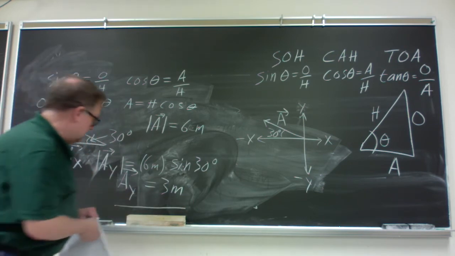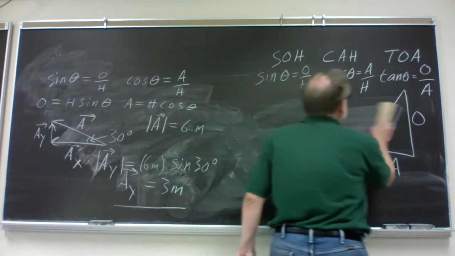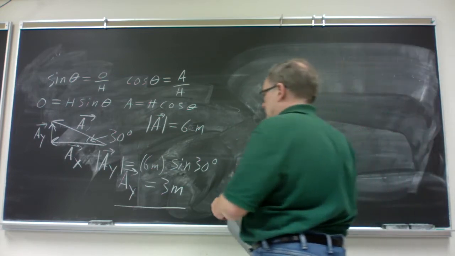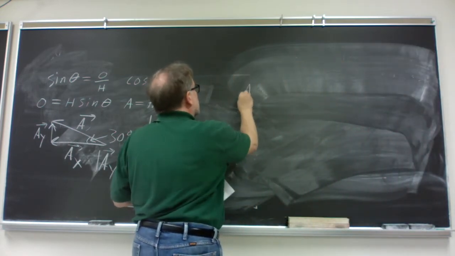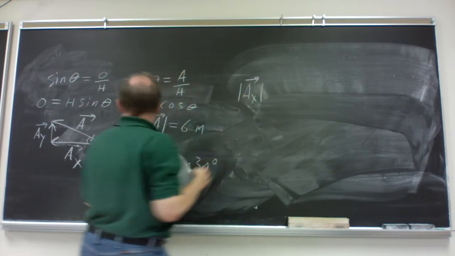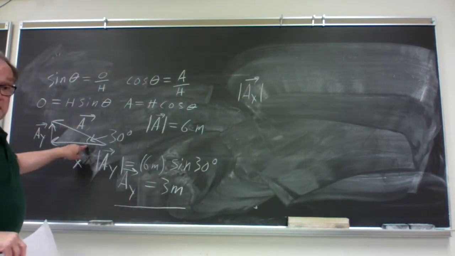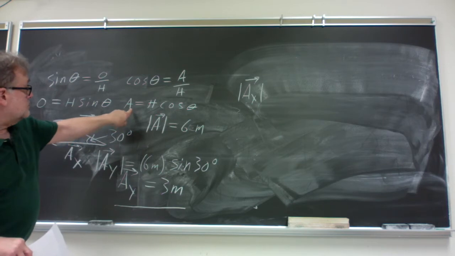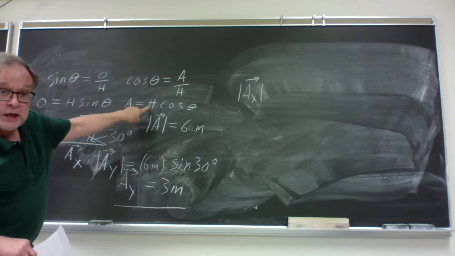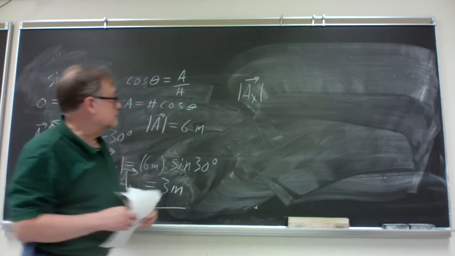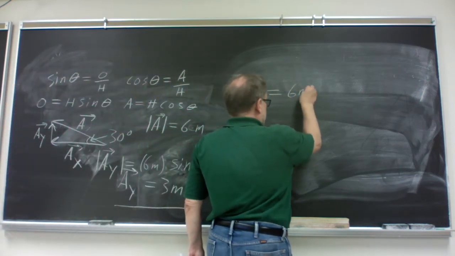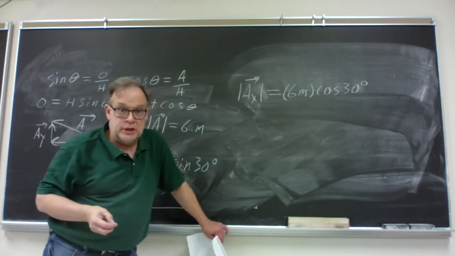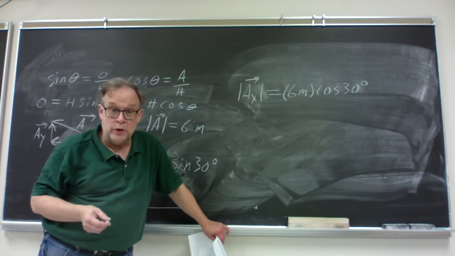Now for the x component, the magnitude of the x component just corresponds to the length of this side of the triangle, which is the side adjacent to the 30 degrees. So length of side adjacent equals hypotenuse times cosine. And in this case, the size of the hypotenuse was 6 meters times cosine of 30 degrees. Your calculator will tell you that the cosine of 30 degrees is about 0.866.